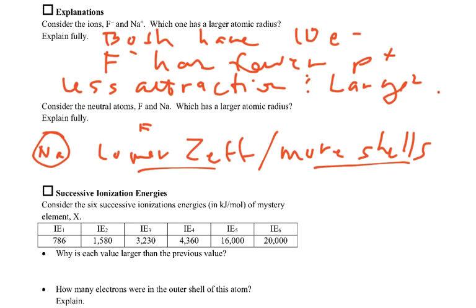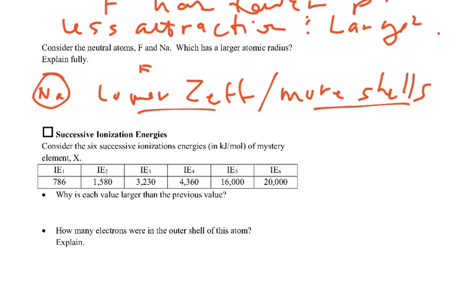Now the last question down here has to do with successive ionization energies. Why is each value larger than the previous value? Every time you remove one electron, so this first energy here is the energy to pull off the first electron to go from neutral to +1, and then we go from +1 to +2 and +2 to +3.